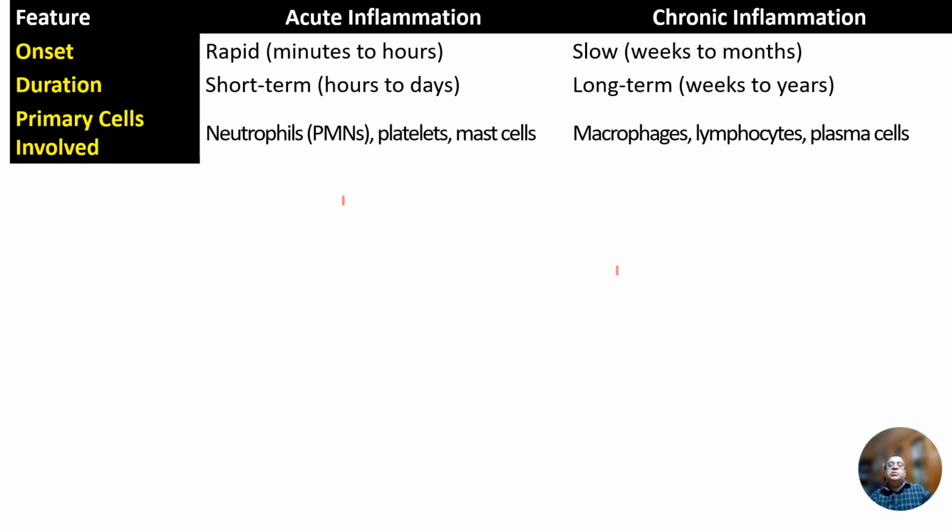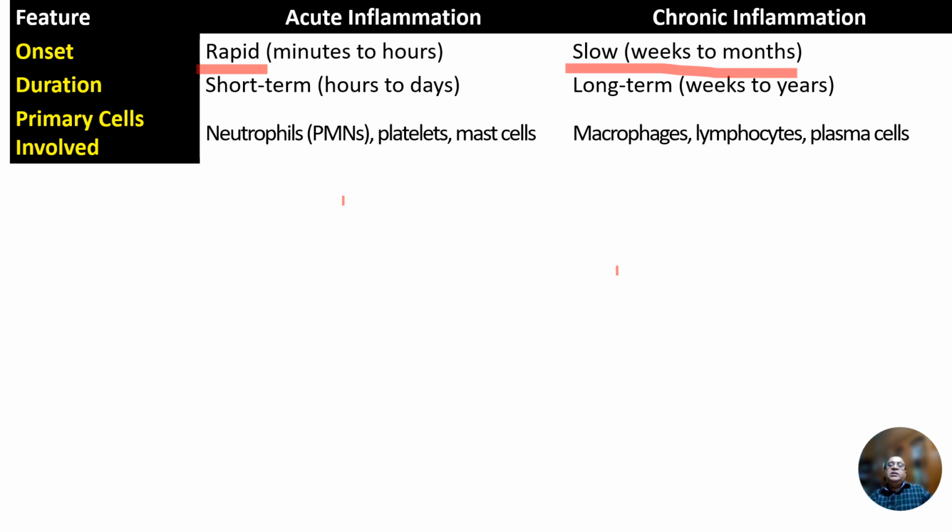So now to differentiate between these two, acute inflammation and chronic inflammation: the onset of acute inflammation is rapid, while chronic inflammation is slow in onset.